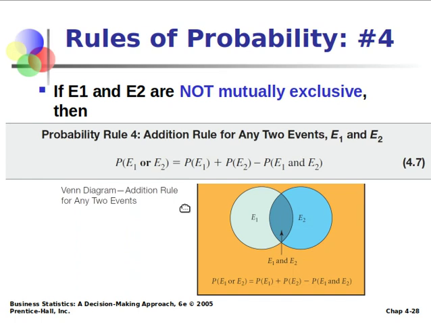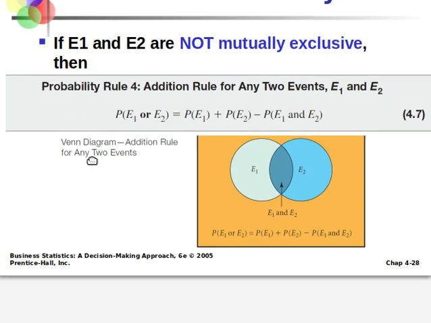Now, rule number 4. We're almost there, because we're on rule number 4 in this part 1. If E1 and E2 are not mutually exclusive, then probability rule number 4 states that the addition rule for any two events E1 and E2 is like this.